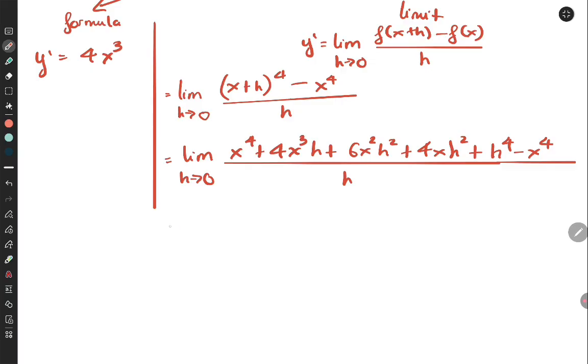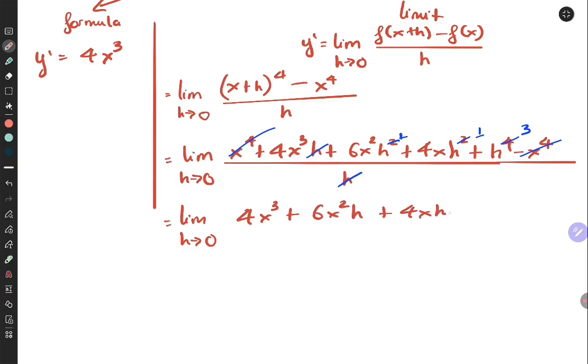All right, so let's do that. 1, 2, 3, 4, 5. So a bunch of them go away. 4x cubed plus x squared h plus 4x h plus x cubed.